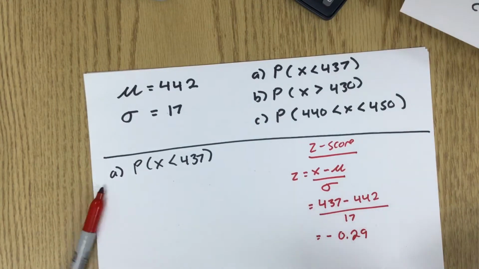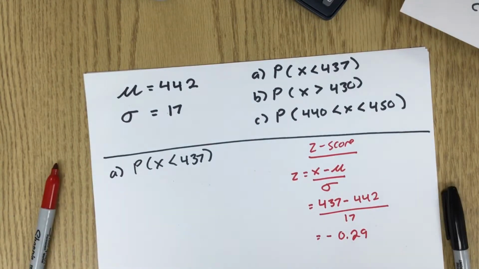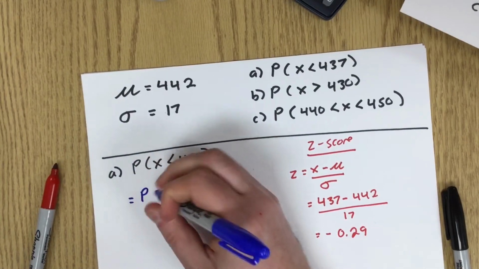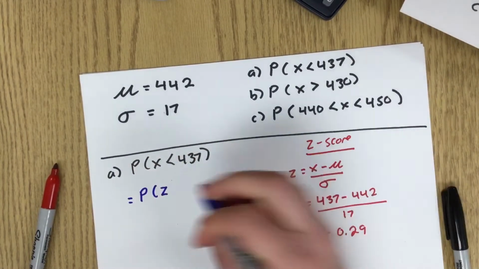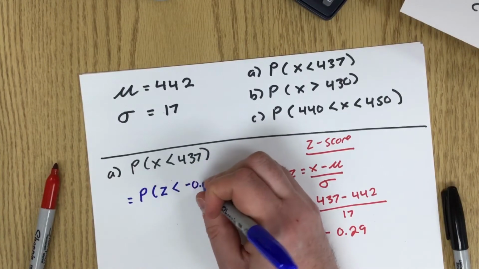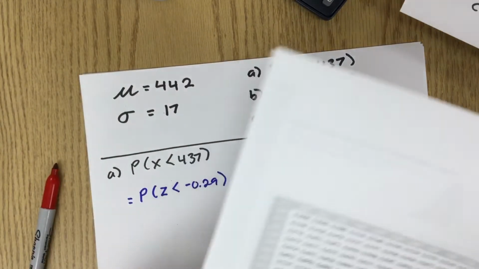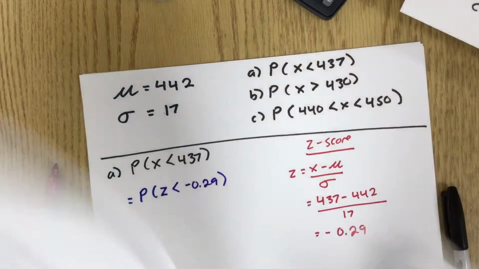So now this changes. That was the z, but what that really is equal to is the probability that z is less than negative 0.29. And now we have a z-score. We can look it up on the table on the appropriate negative half.